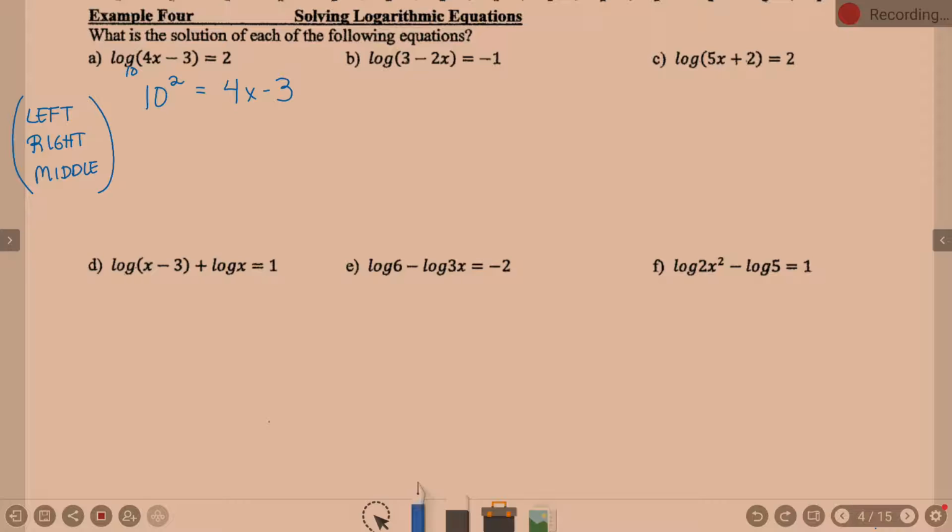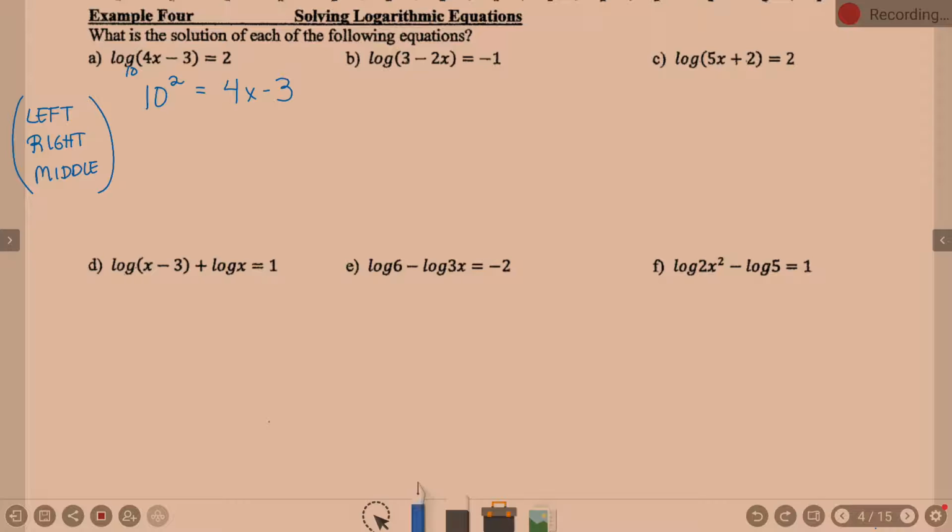We learned that back in, I don't know, 7.3 maybe? 7.3 might have been the lesson you weren't here for. So if you haven't gotten caught up on that, that might be it.